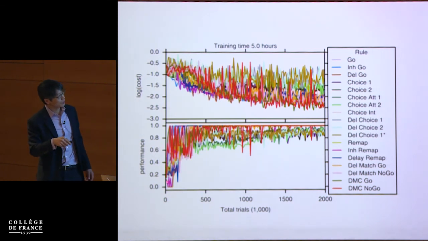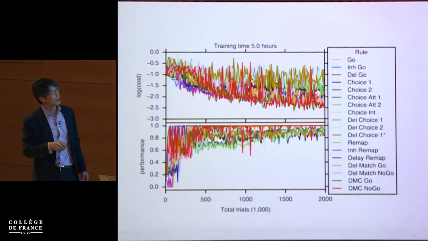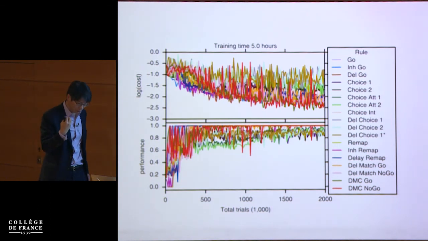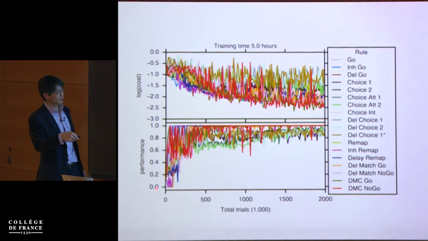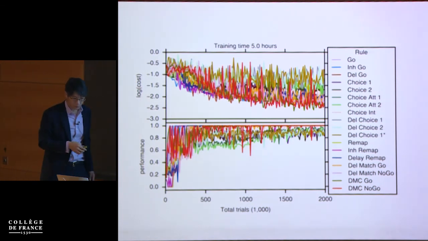So the performance goes up through training for all tasks, and the error function, if you like, or the cost function goes down when the performance goes up.